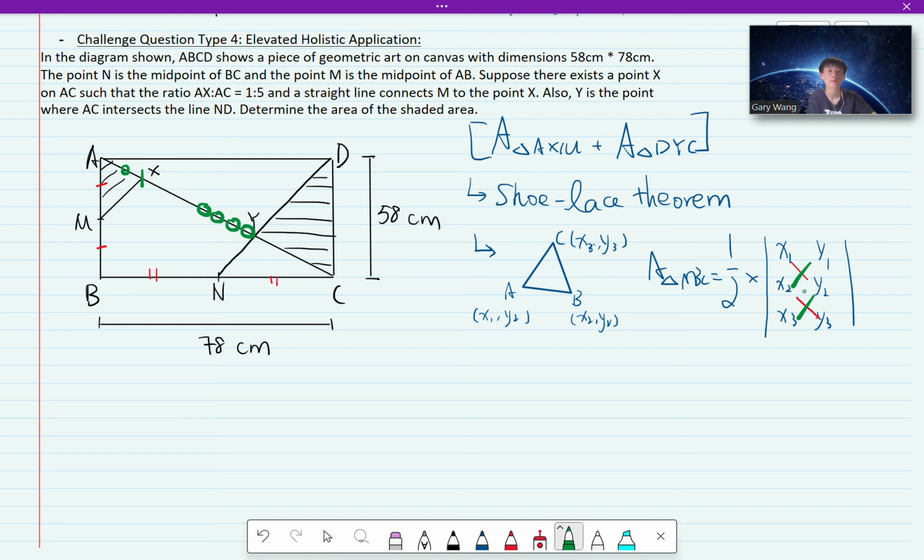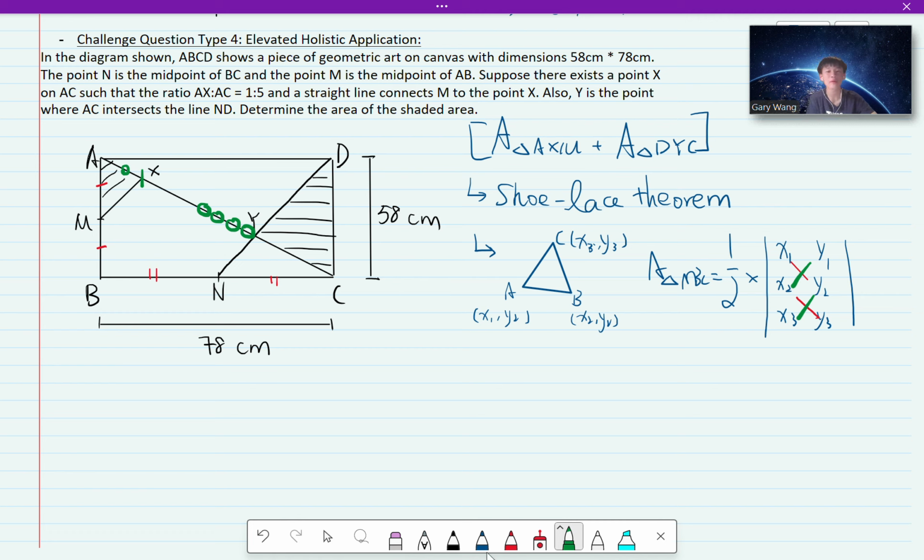Then we subtract these two results, and take the absolute value of the whole thing times 1 over 2. That would be the area of triangle ABC. I know that maybe you're a bit perplexed or confused at this point, but when we actually reach this point in the question, you'll be quite clear.